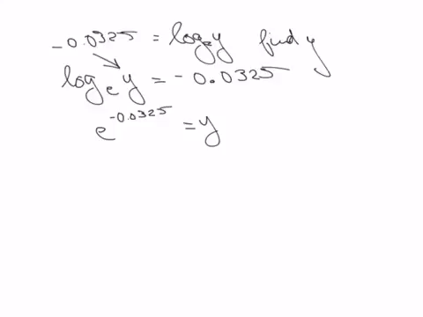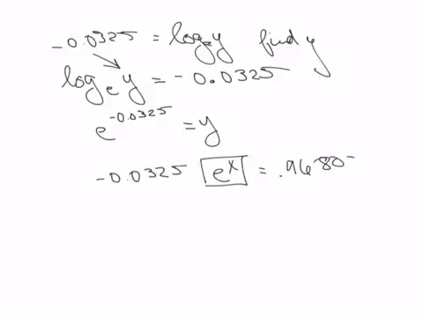So really all I should have to do here is type in negative 0.0325, hit my e to the x key, which I usually hit shift for, and that is going to give me an answer like 0.96802, keeps going on. And that's all they're looking for there.